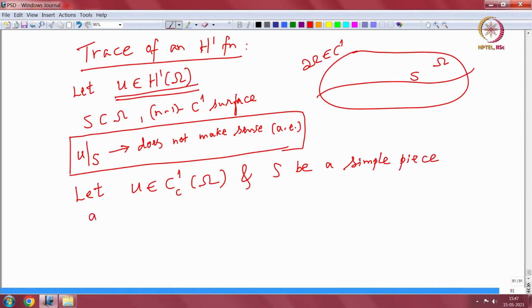So, given by, again for the sake of easy writing, I use this coordinate x prime.